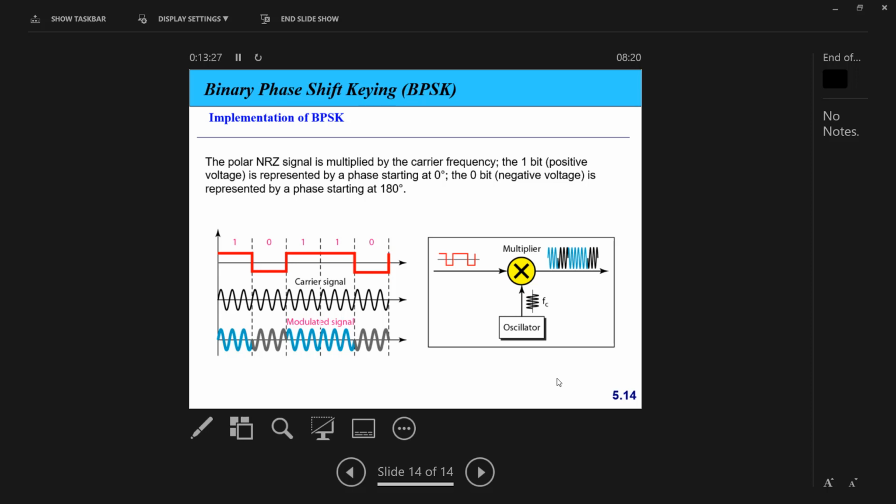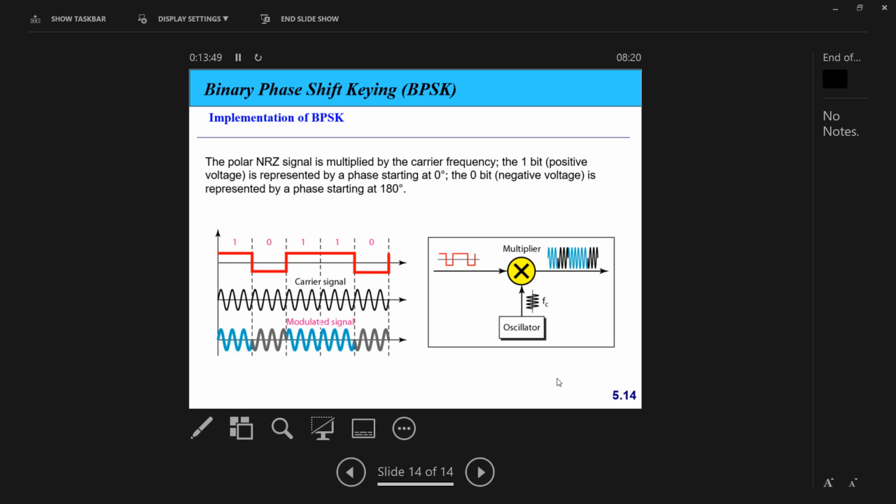From an implementation point of view, is it easier to change the amplitude or the phase? Amplitude. So the amplitude is less complex from the implementation or hardware point of view. But changing the phase is a little bit challenging from a hardware point of view.